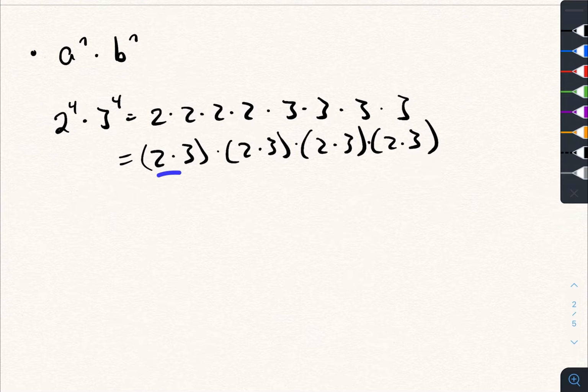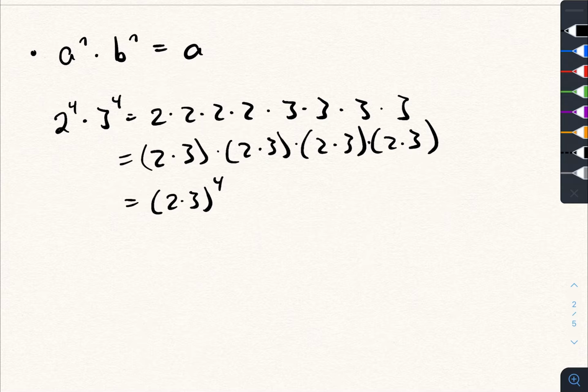And so now I have, instead of 4 2's multiplied by 4 3's, I have 4 2 times 3's all being multiplied by each other, right? So I have 2 times 3 being multiplied 4 times. So 2 times 3 to the 4th, okay? 2 times 3, 2 times 3 to the 4th.